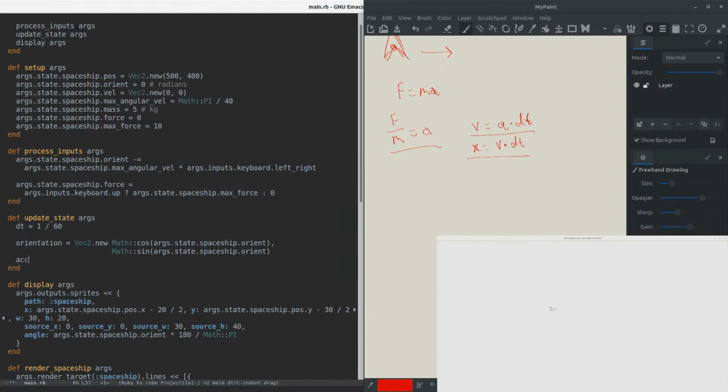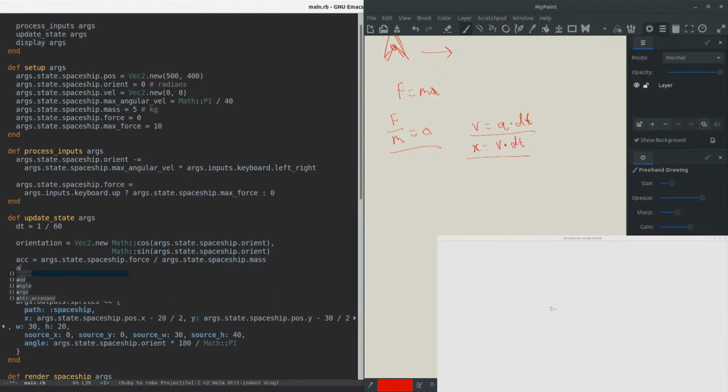So our current acceleration for our ship is args.state.spaceship.force over args.state.spaceship.mass. And then from there, we can take our velocity, which is basically the velocity computed from this. And what we probably want to be doing here is adding the velocity to our current velocity.